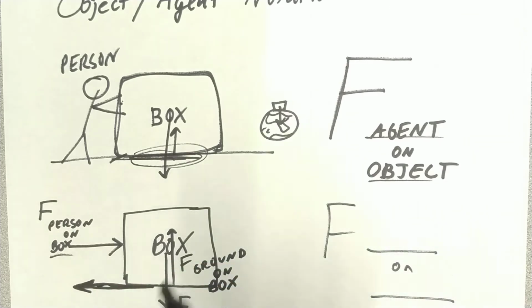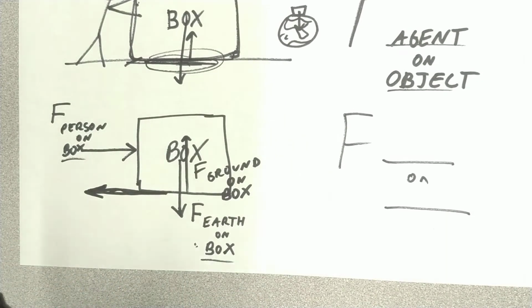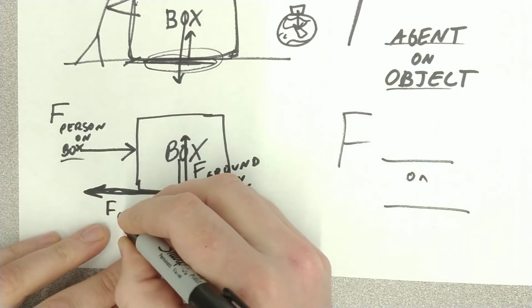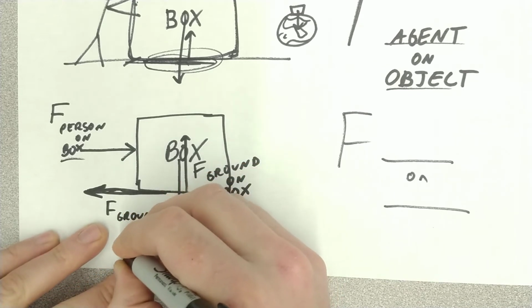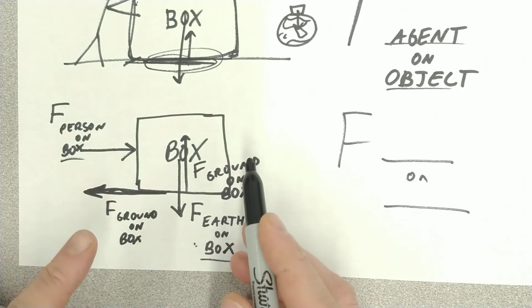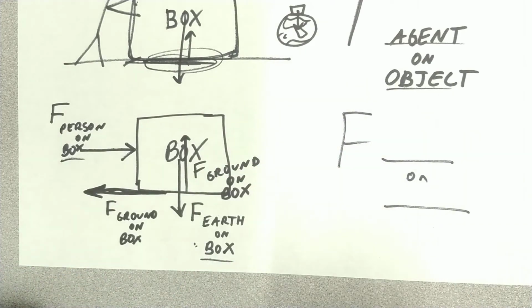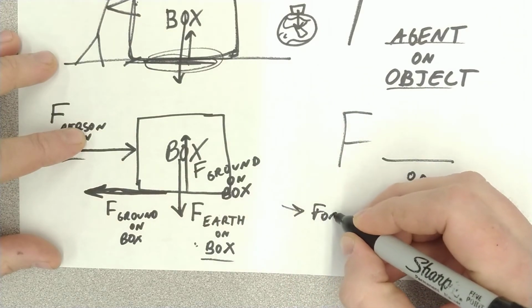But what is the object? What is the agent that's providing that frictional force? It's the ground. We have two components of the ground. Force of the ground on a box. So we end up with actually the ground holding it up and preventing it from sliding. Now, this is terrible to look at, right? So this is what's called a force diagram.